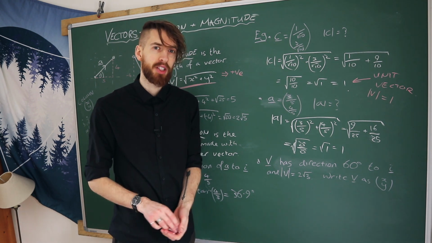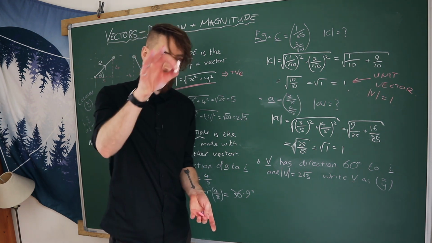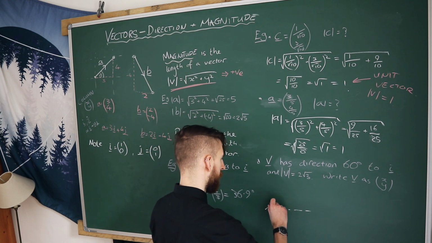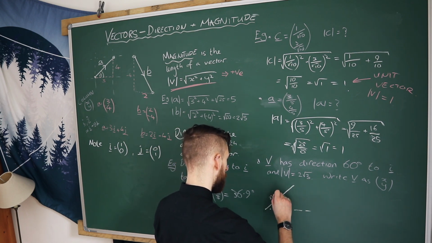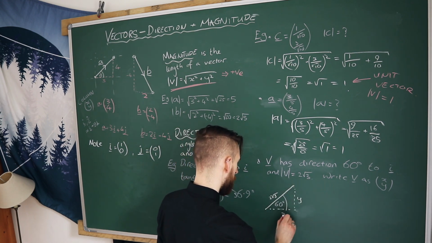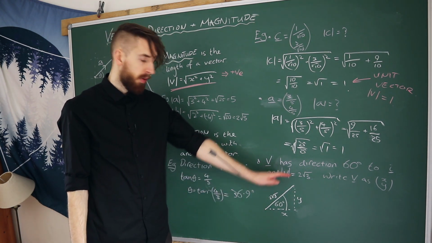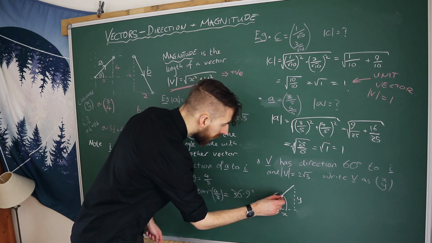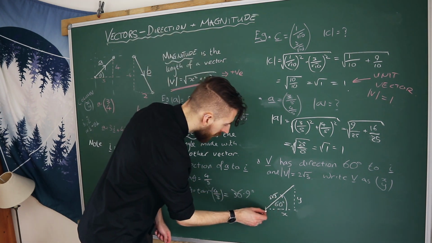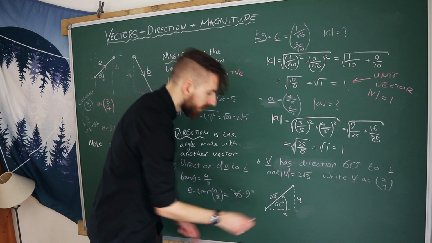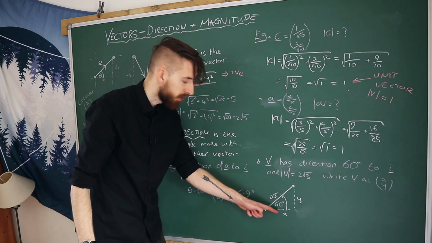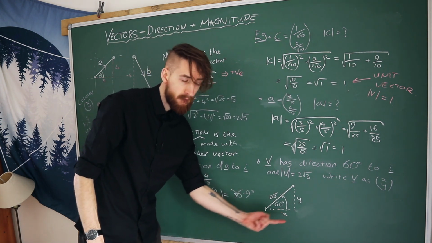So what we're going to do is do it as a little triangle, like this. So this is what we've got. We've got our vector going up there. It's got a direction, so it's going up. It's making a 60 degree angle to the I, which is that way.